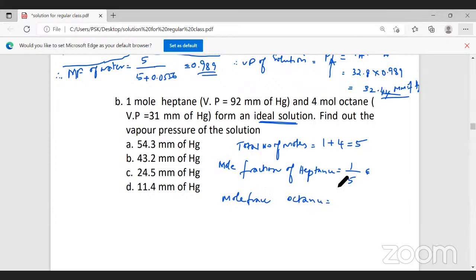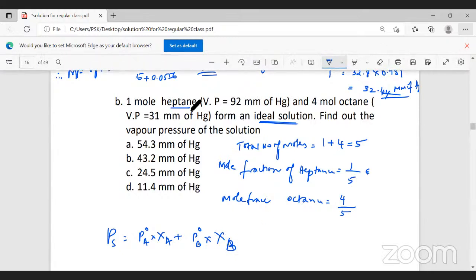Number of moles of octane is 4 divided by total number of moles, 4 by 5. Now, what is the vapor pressure of the solution? Vapor pressure of the solution is P naught A into XA plus P naught of B into XB, because two components are there, heptane and octane. So the sum of these will give you the total pressure.